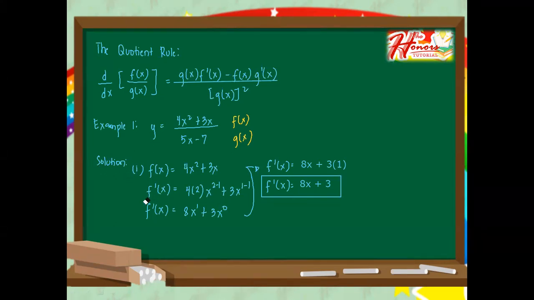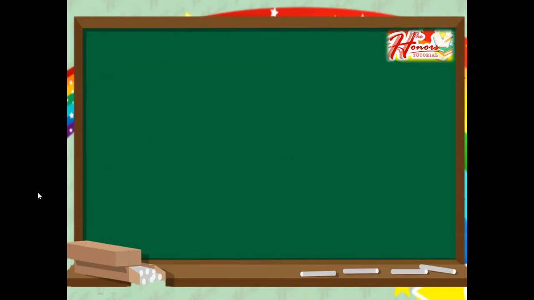For solution number 2, we will be solving for g prime of x. So we will be getting g of x. G of x is equal to 5x minus 7.